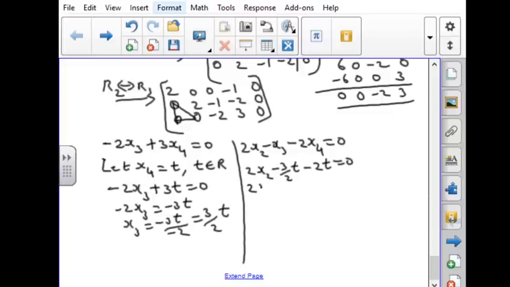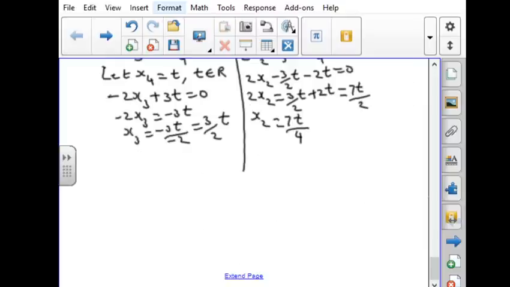So 2x2 is equal to 3 by 2 t plus 2t, which gives you 3t plus 4t by 2, that is 7t by 2. So x2 is equal to 7t by 4.